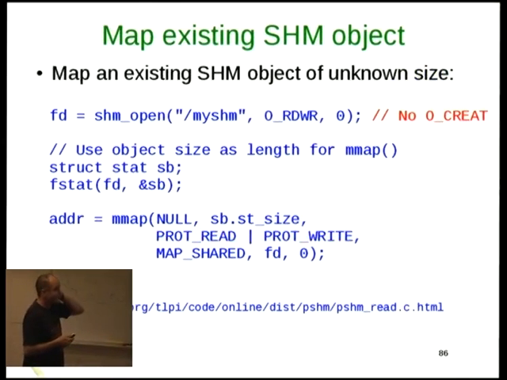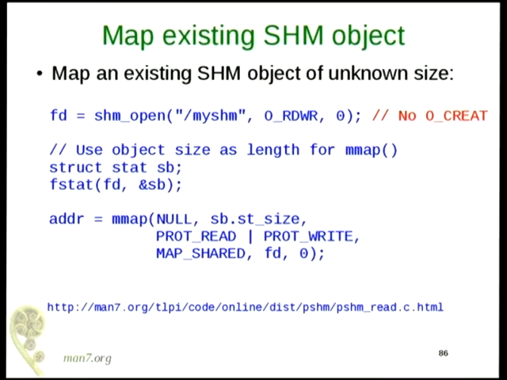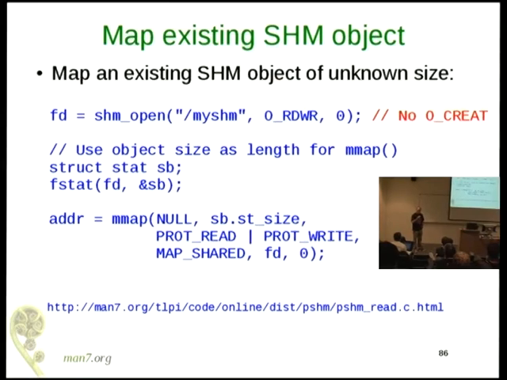Okay, now if you've got an existing shared memory object, things look slightly different. You say open it, there's the path name, I'm going to read and write that object, 0 for the mode because I'm not creating the object, so I have to specify 0 there as the permissions.